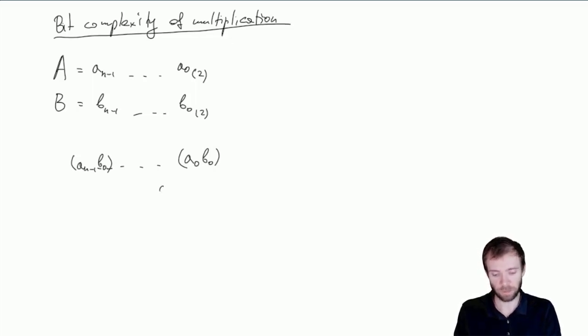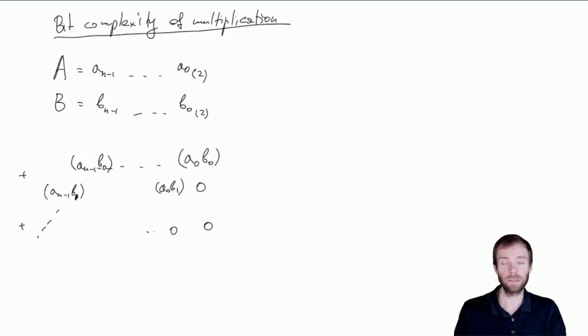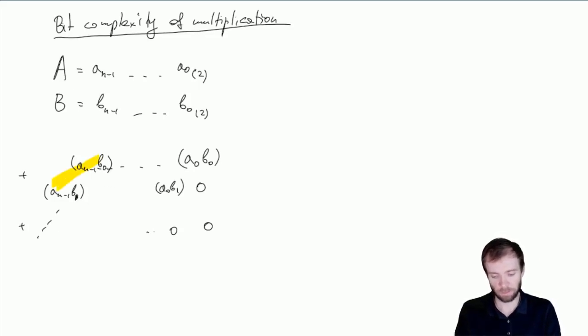Now we multiply the first number by the next bits of the second number, and so on. Thus we get a ladder of numbers that we, of course, pad from the right with zeros, and we then add them up. But actually the bit complexity is already spoiled by this part.